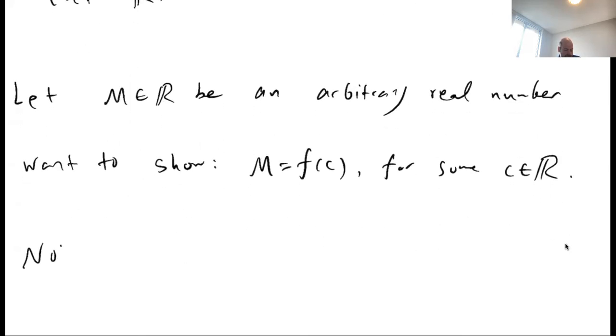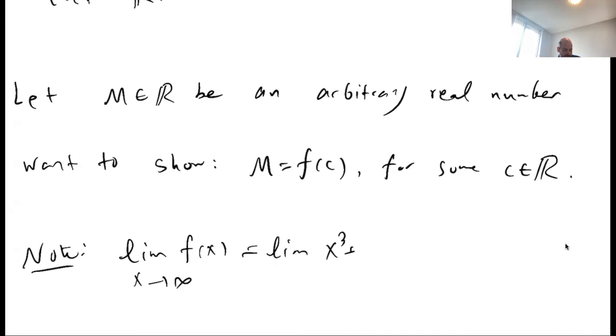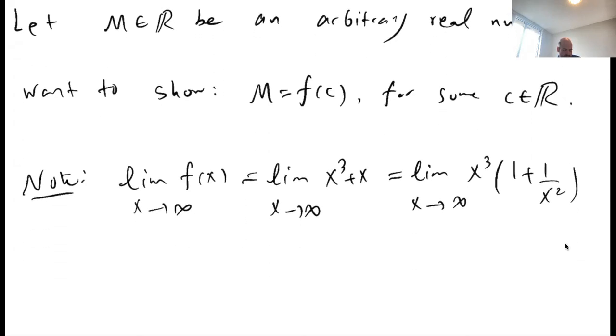So first let's look at the limit of f of x as x approaches infinity. This means the limit of x cubed plus x as x approaches infinity, which is the limit of x cubed times 1 plus 1 over x squared, as x goes to infinity. So this will be infinity cubed times 1 plus 1 over infinity.